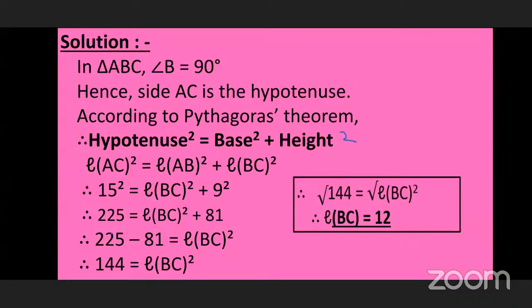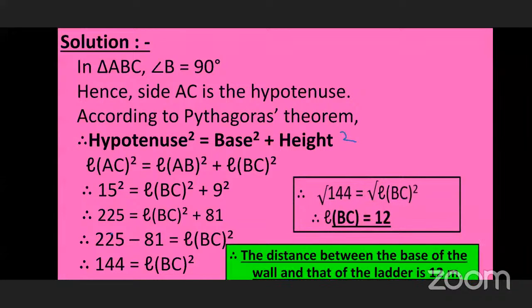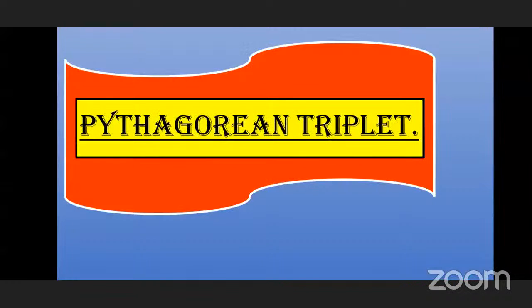After putting square root, it will become square root of 144 equals square root of length BC square. Now square will go and what will remain? BC equals the root of 144, which is 12. Therefore, the distance between the base of the wall and the ladder is 12 meter. Okay, children? I hope everybody has understood the word problems of practice set 48.